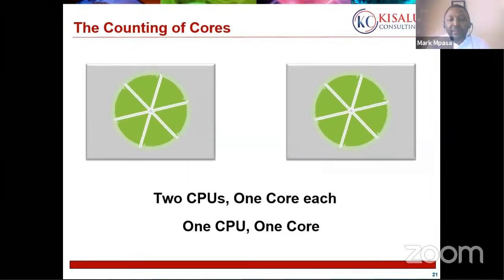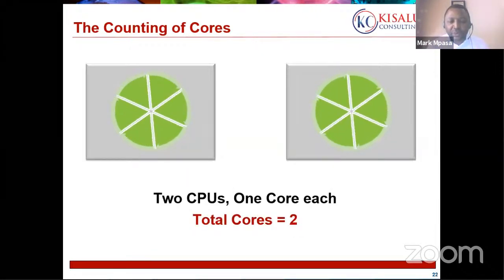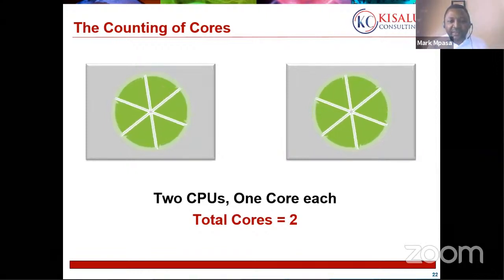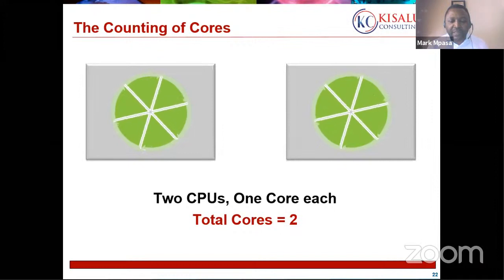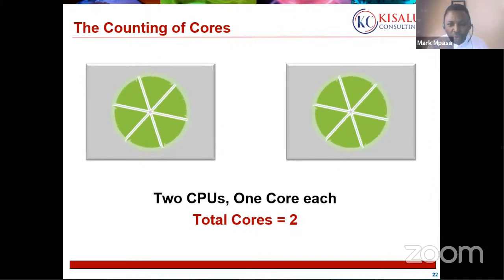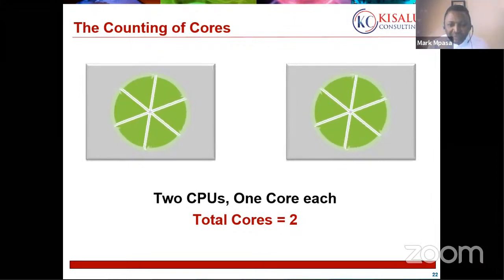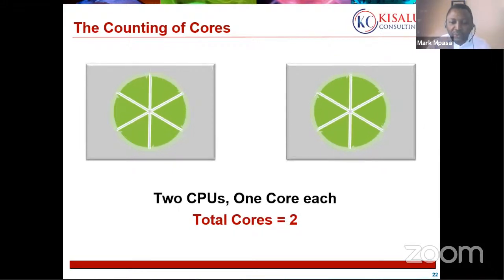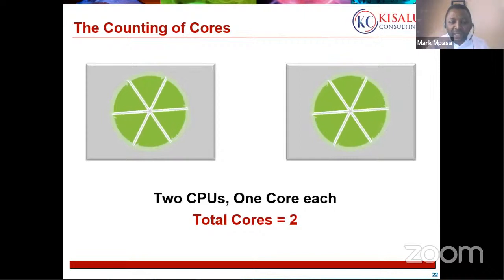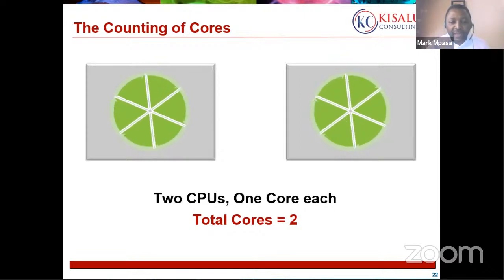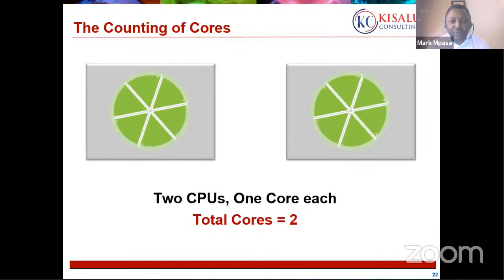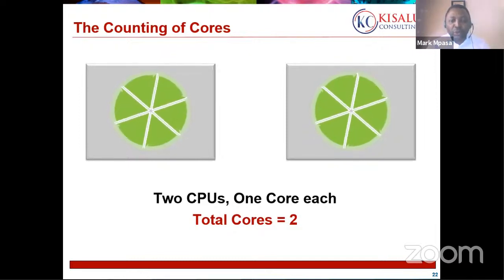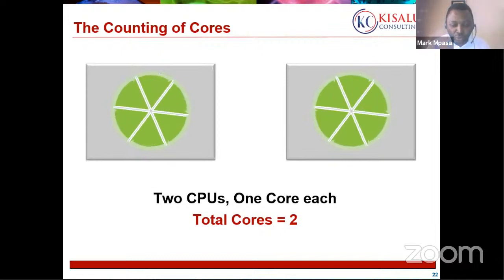Then if a system has two CPUs, and each of the two CPUs has one core, then the total system will have two cores. So if you have to license IBM software on this system, which has two CPUs, and each CPU has one core, you will have to license two cores.